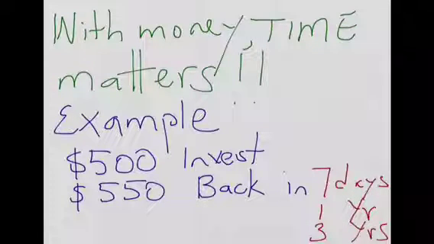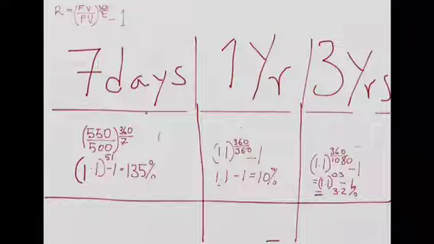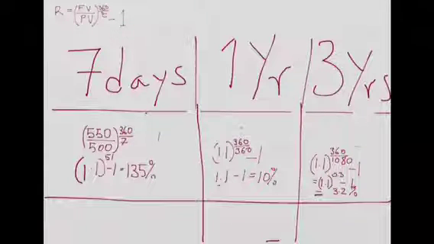Now, to demonstrate the point that time counts where money is concerned, let's have a look at what these 3 time periods would imply in terms of rate of return to you. The formula for the return is basically the future value divided by the present value. Now we annualize the return.